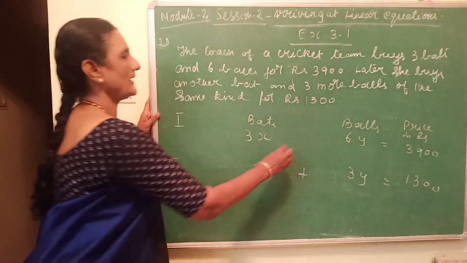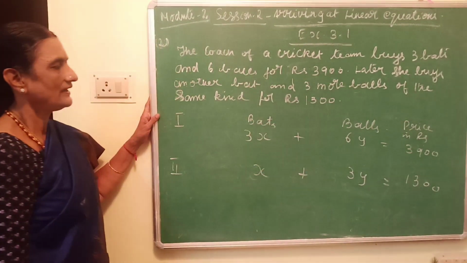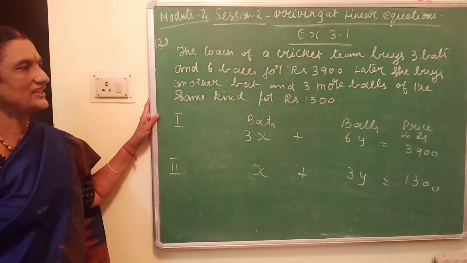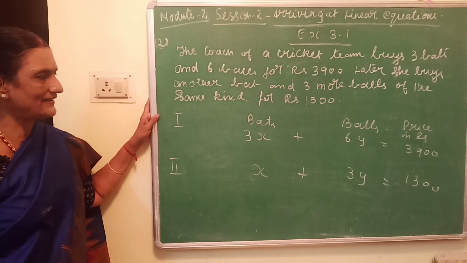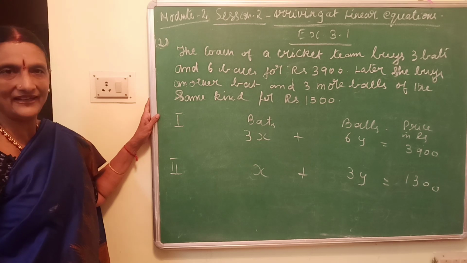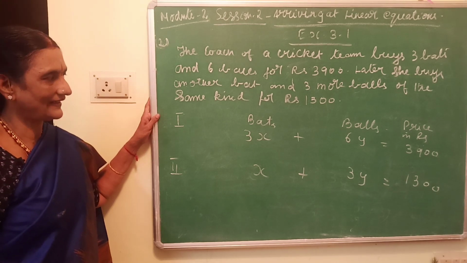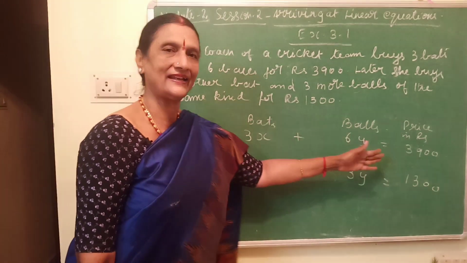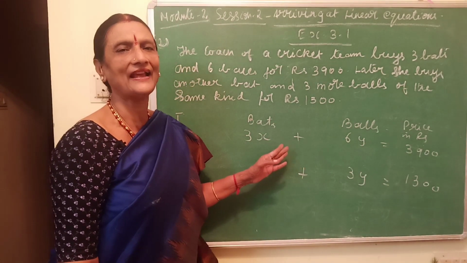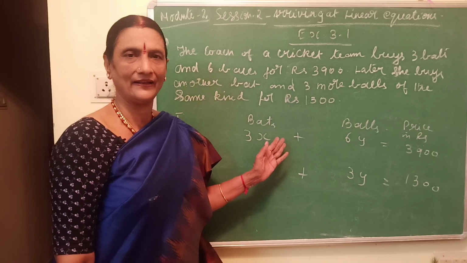So what is the equation? The first equation is 3x plus 6y is equal to 3,900, and the second equation is x plus 3y is equal to 1,300. Now if you look at all the 3 terms, we can cancel off a 3 and simplify it.